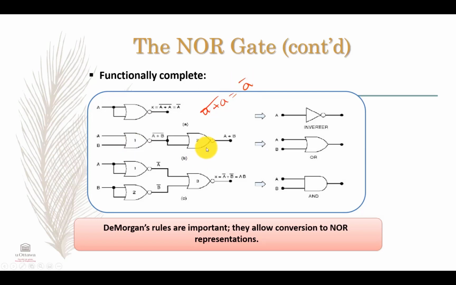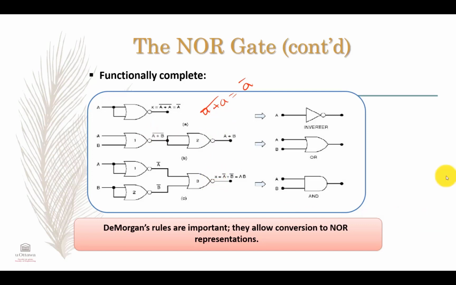Now, what about implementing an OR using NOR gates? A NOR gate whose output is complemented is equivalent to an OR gate. So basically what I have to do first is to implement a NOR, then after that, I should apply the double prime. So I will take over this prime, and I will get here A plus B.